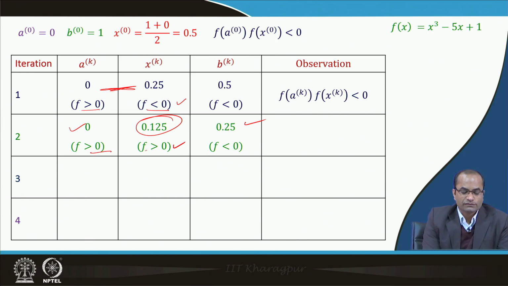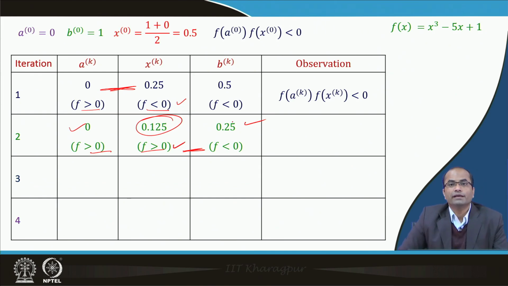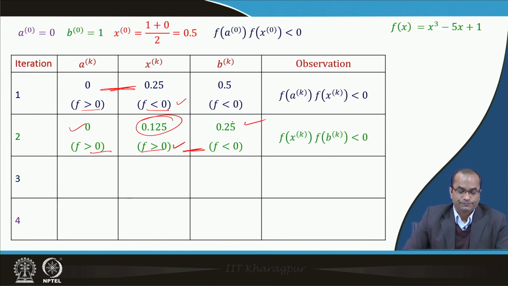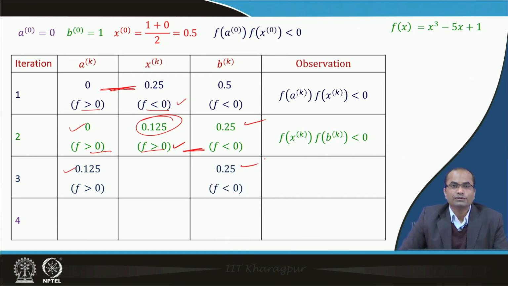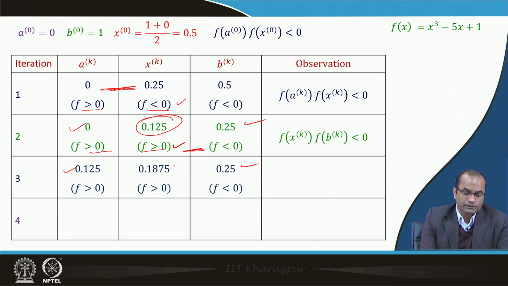So, here it is positive, here it is positive. So, there is no root between these. We will have a root now in this interval, where f is positive and f is negative. So, our interval will become 0.125 and 0.25. The middle of this will give 0.1875, and here f is positive, here f is positive, but here f is negative.